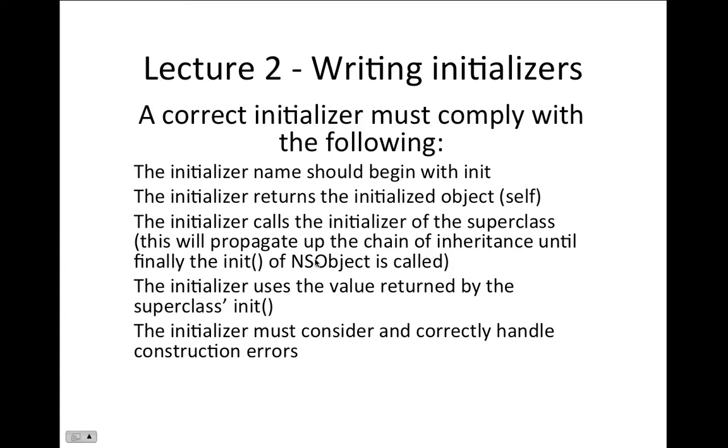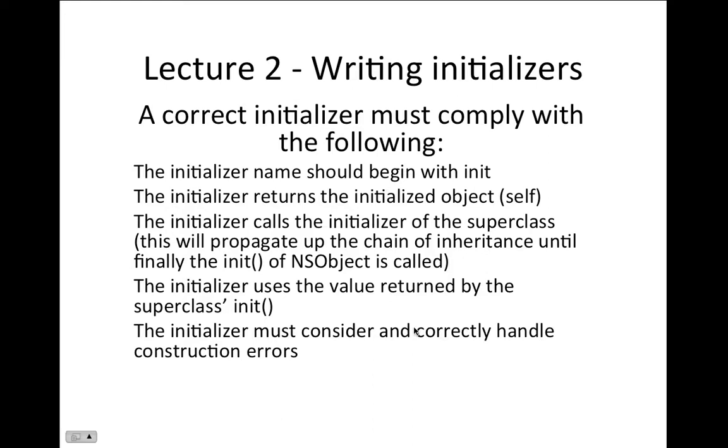It's kind of like in Java where we inherit from object, but we don't actually have to say object. In C++, we don't have to say object either, but in Objective-C, we have to explicitly inherit from NSObject.